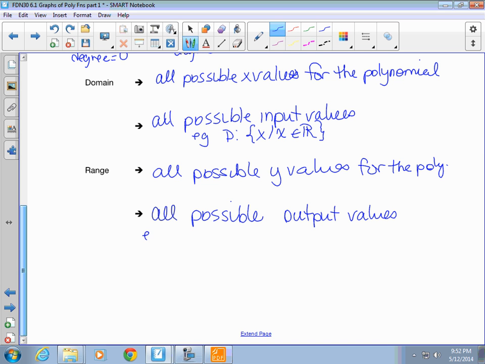So your example here, your range is a set of values for y such that y is, say, greater than or equal to 1. Y is an element of real numbers.